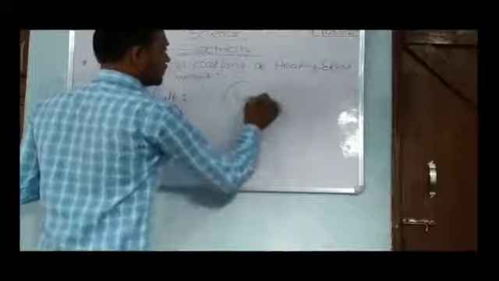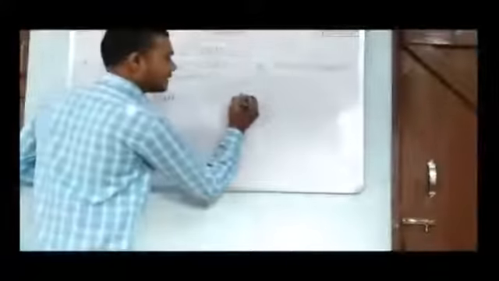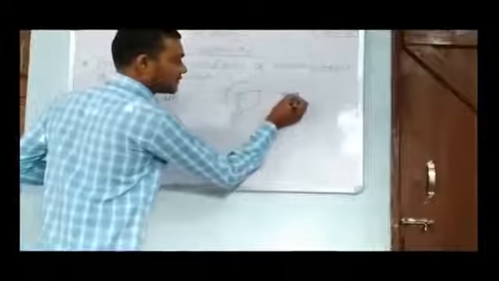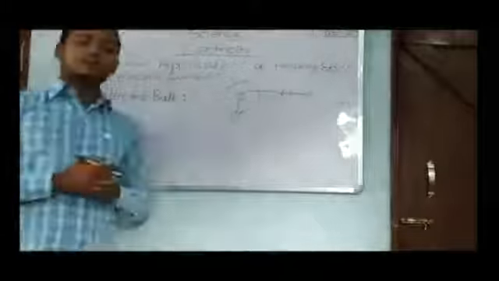Okay. So first I want to tell you one thing. In a bulb there is a filament. Here is the filament, which glows whenever electric current passes through it.